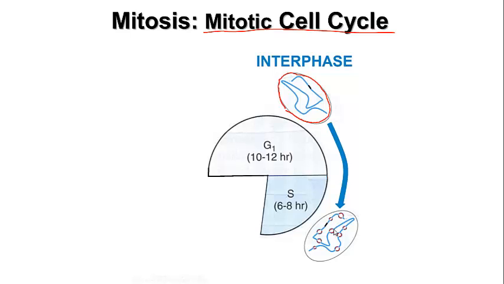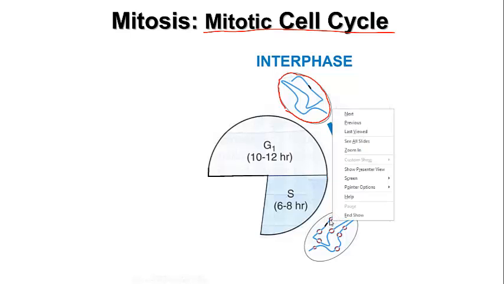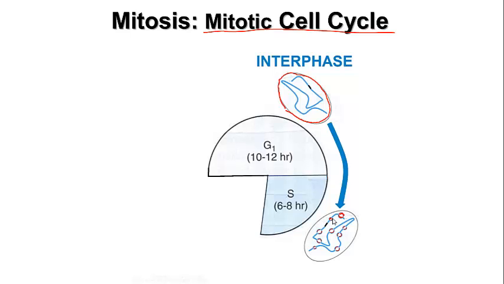The red represents the addition of new strands. Remember that these new strands are added by DNA polymerase, and they are complementarily base paired to each of these separated original strands.